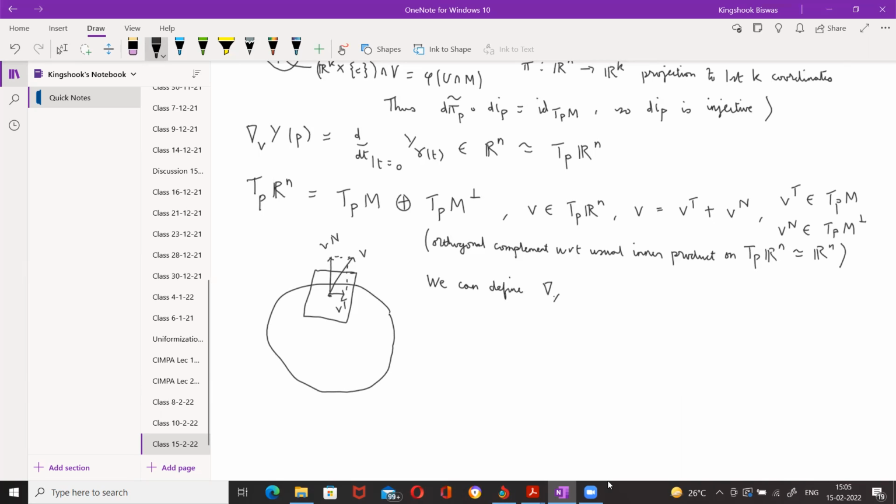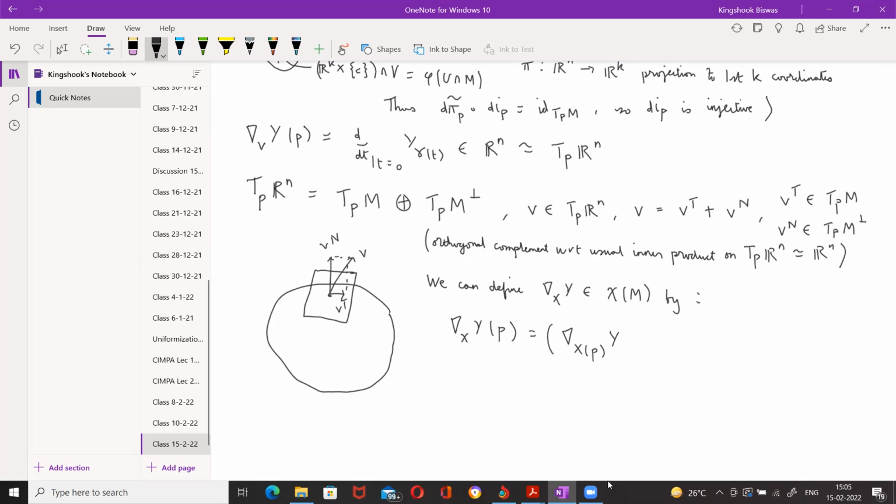So now we can define nabla_X Y as a vector field which is tangent to M, so it's a vector field on M, by the following. For nabla_X Y at P, what we do is we take the derivative of Y along the direction X_P in R^n.